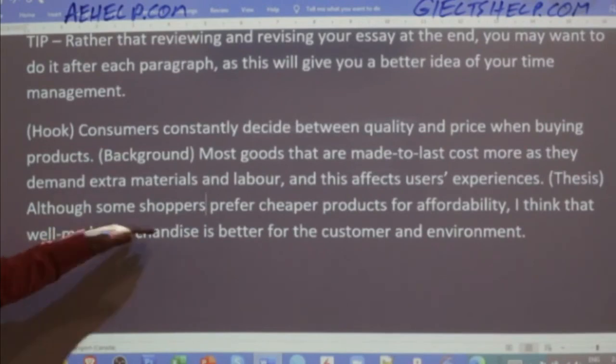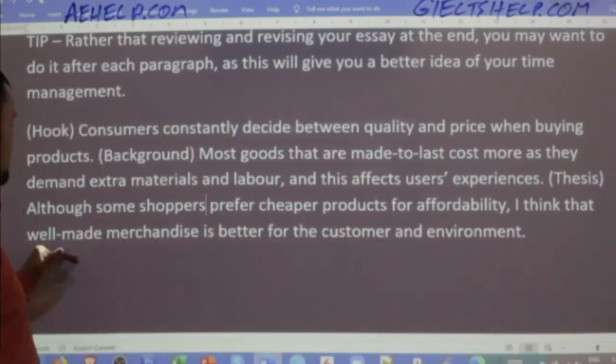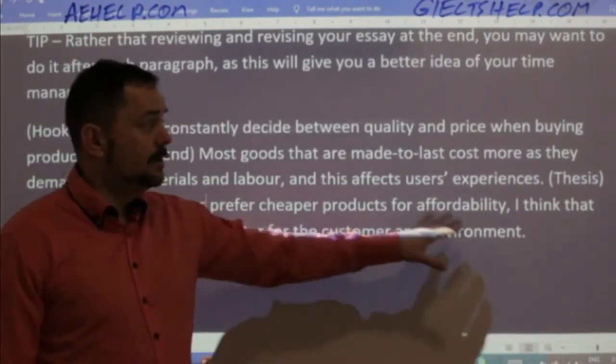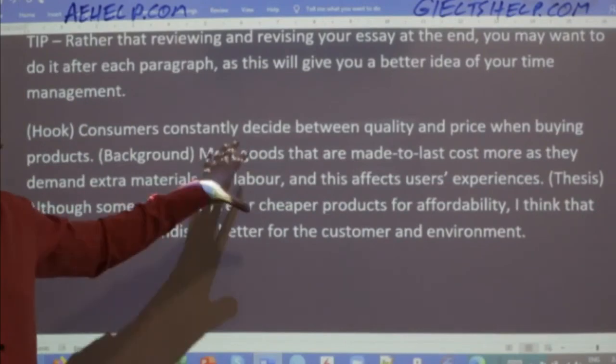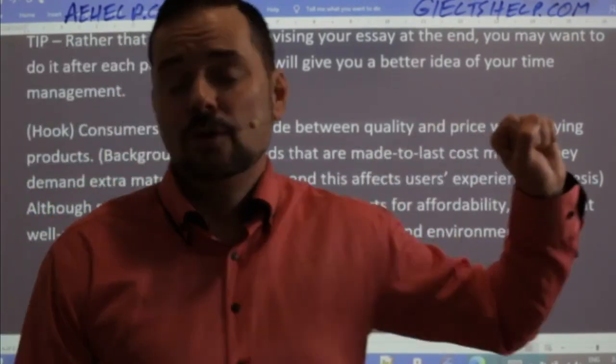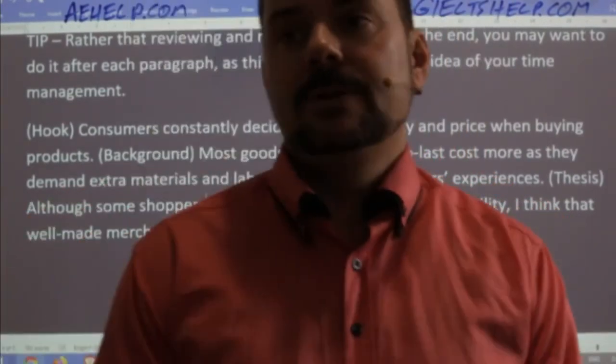So although some shoppers prefer cheaper products for affordability, I think that well-made merchandise is better for the customer and environment. Okay, now I feel like this is a better piece of writing. And hey, if I've just improved by half a band overall when I do all of this, I would be happy. Okay?